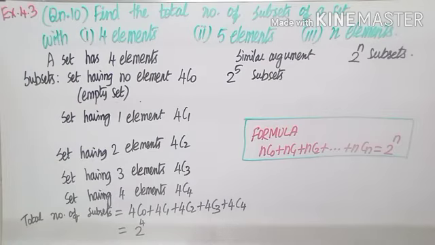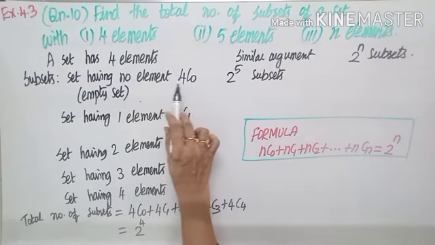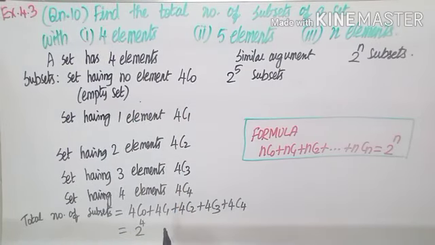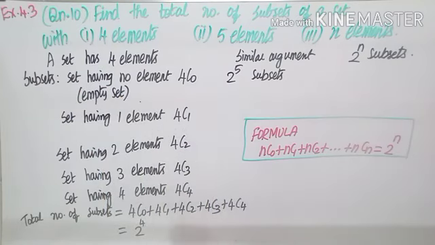How many ways? There are 4. I want no element, means 4C0. There are 4. I want 1 element, 4C1. I want 2 elements, 4C2. I want 3 elements, 4C3. And finally 4 elements, that is all the elements I am choosing. The given set is a subset of itself. It is 4C4. Add it all.